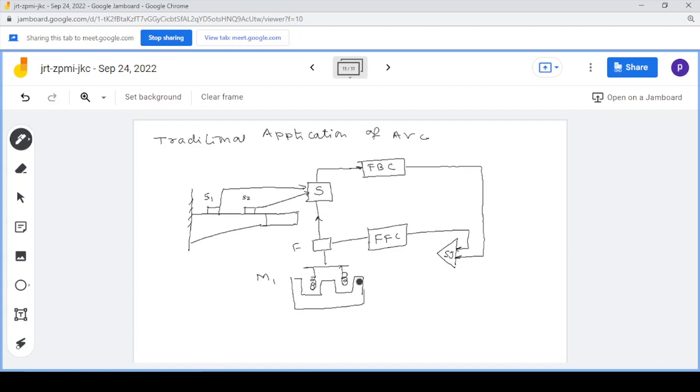It is connected to the power amplifier, and this power amplifier is connected to the summing junction, and these are connected to the ground. And this is the reference signal.